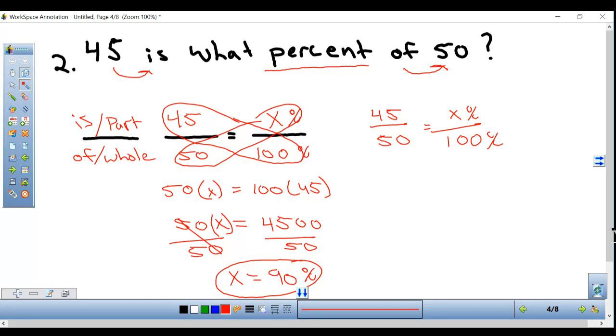One of those is going to be much easier. 50 to 100. Well, what happens from 50 to 100? What's my multiple here? I've multiplied by 2. So I should be able to do the same thing on the top. 45 times 2 gives me 90. X equals 90%. So once again, 2 different ways to find the same answer.